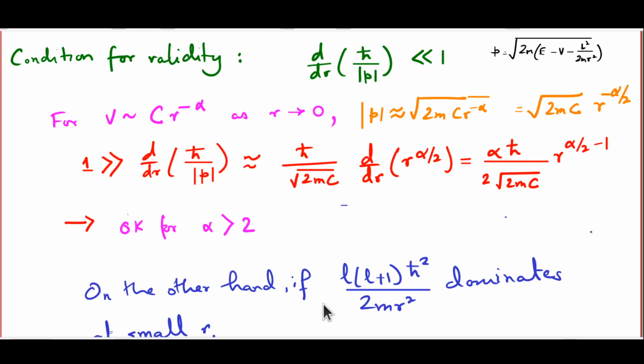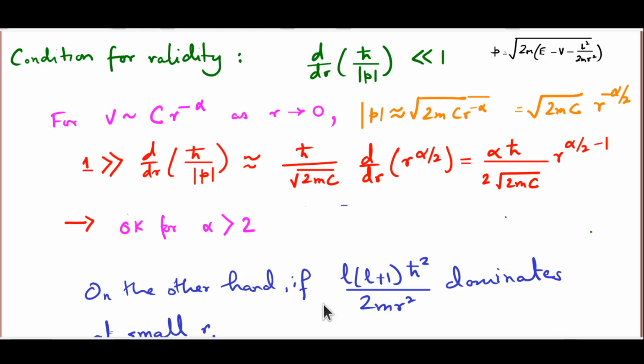So for the WKB approximation to work, you must have 1 being much bigger than ħ by the square root of 2mC times d/dr of r to the alpha by 2. Essentially, you get 1 is much bigger than a bunch of constants times r to the alpha by 2 minus 1.